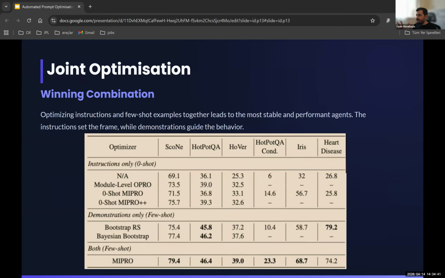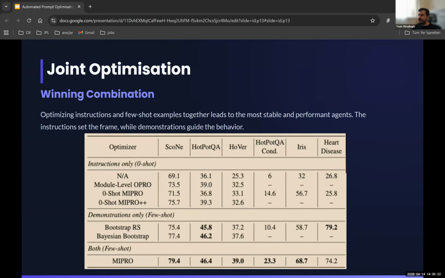Another important thing is the best solution is the joint optimization. I think it's one of the most important results of this work. We can think of the instructions as the policies and the demonstrations as some evidence. I'm giving you this example because optimizing them together ensures the model can understand both the rule and the distribution of the data.